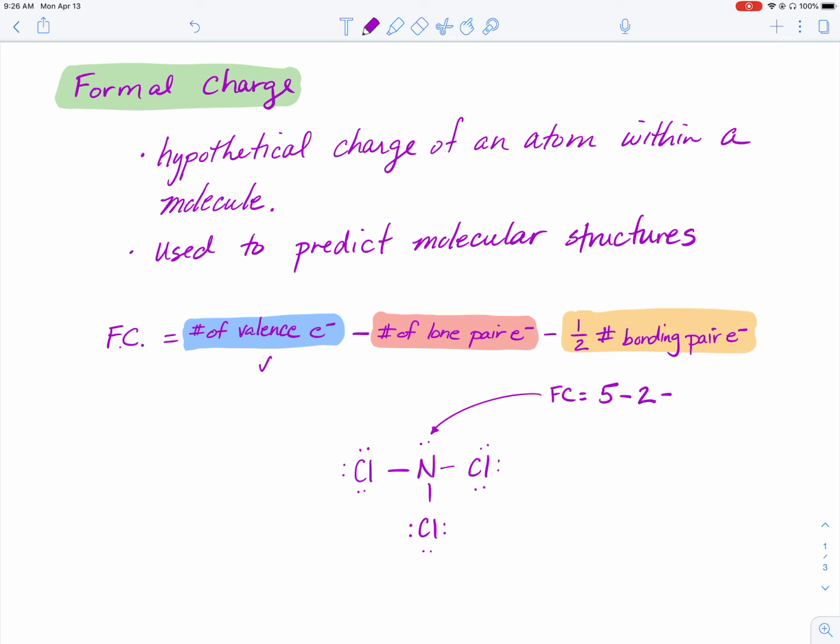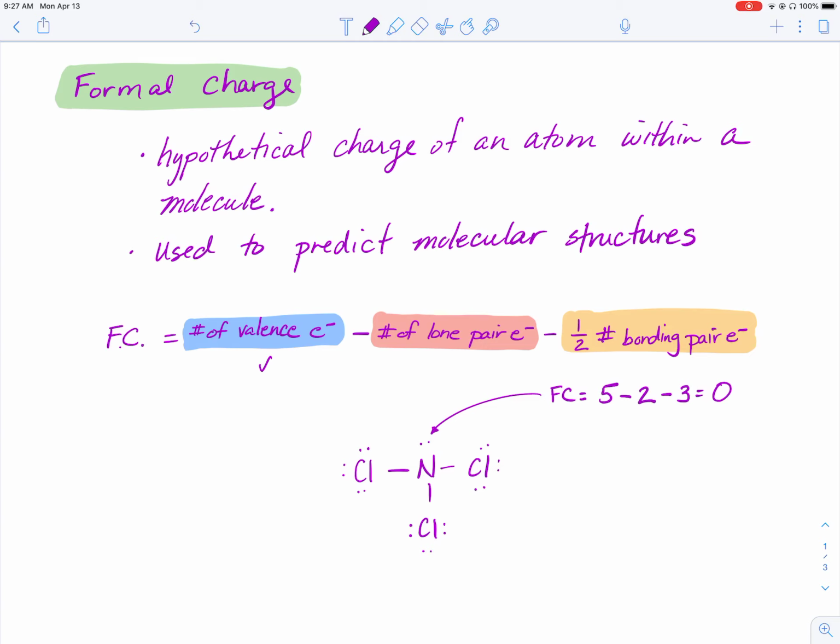Then I'm going to subtract half of the number of bonding pair electrons. So there's 2, 4, 6 bonding pair electrons. I'm going to cut that in half, so I'm going to subtract 3. And so the formal charge for nitrogen in this atom is 0. That is how you calculate the formal charge.